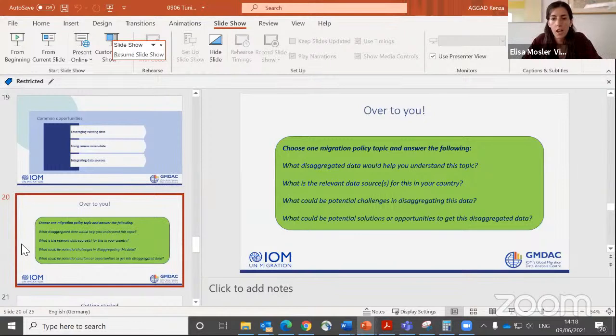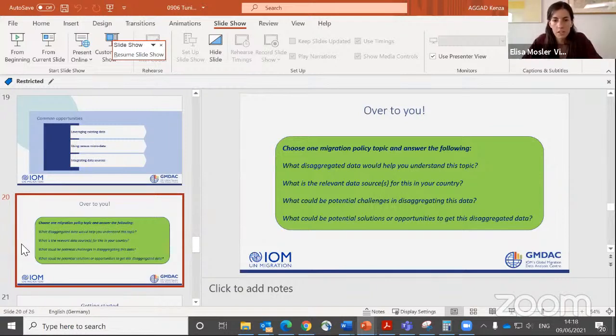Please have a look at these and feel free to type any reactions or comments in the chat. We're always curious to hear about, in practice, how this plays out in your countries. I've walked you through a generic introduction to the topic, but I'm sure that many of you already work in this or have more specific challenges that relate to these.